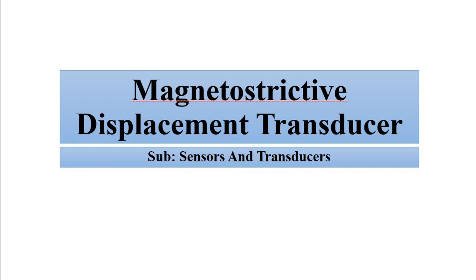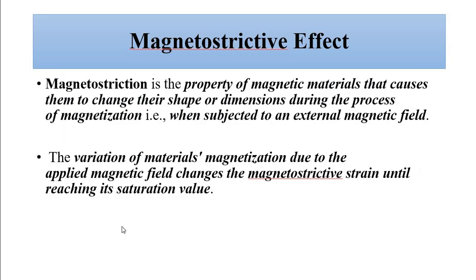We have discussed it a lot in the previous videos, but just to go in a systematic way, magnetostrictive effect is the basic property of ferromagnetic magnetostrictive materials, in which when they are exposed to a fluctuating, changing magnetic field, that causes change in their shape or dimensions.